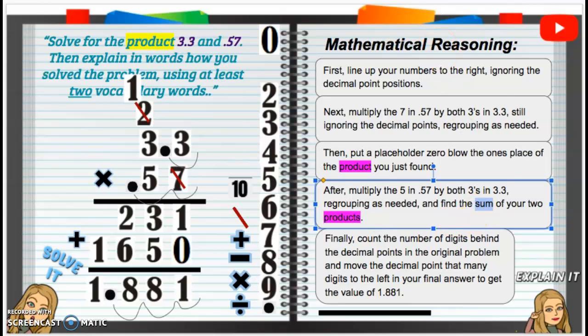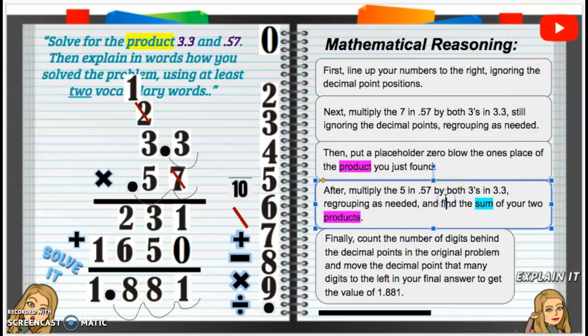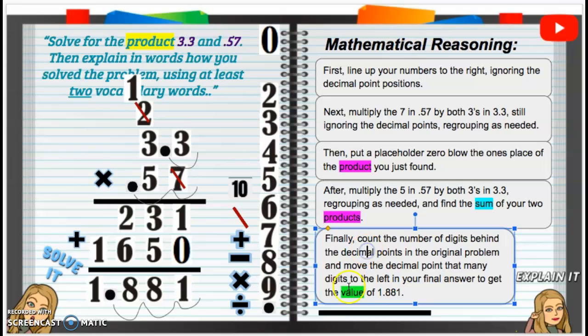Sum I know is a vocab word because sum is the answer to an addition problem. Anything else? Value. The value is that total or the answer. I know that is also a vocab term. So there, we have 3 vocab words. So we exceeded our 2. Awesome. And that is it for our writing. Great job.